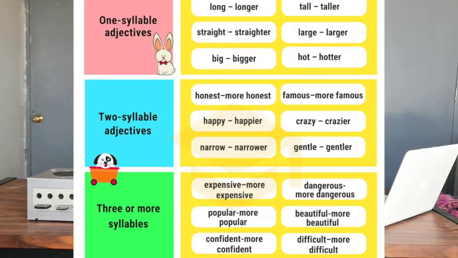Now let's remember comparative adjectives. Okay, we use them to compare two things, right? And we know that if they have one or two syllables, we add er at the end, okay? Small, smaller. But if they have two or more syllables, you add more. Exactly, more and the adjective, and that's it.